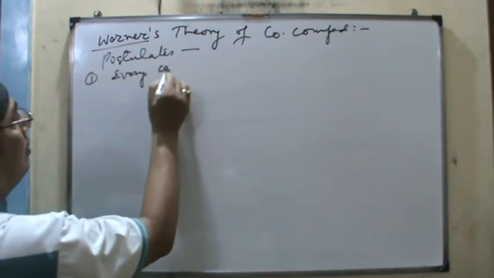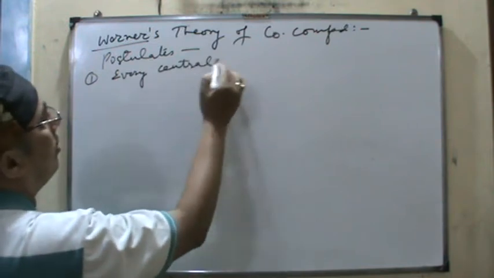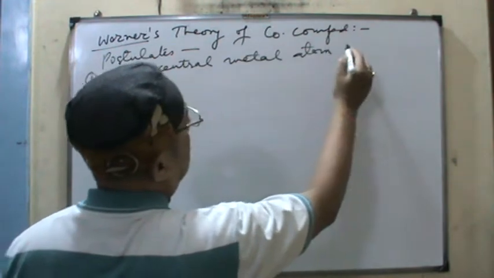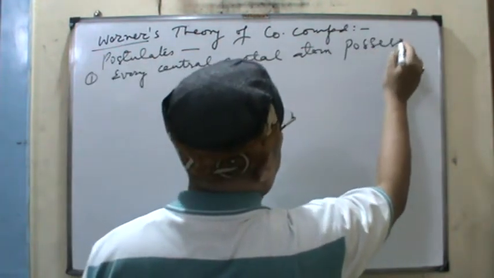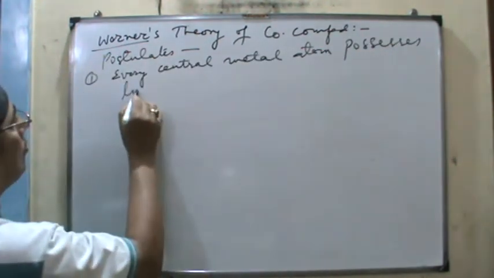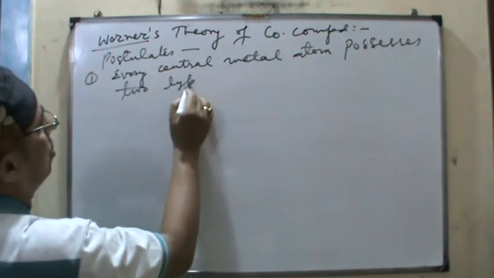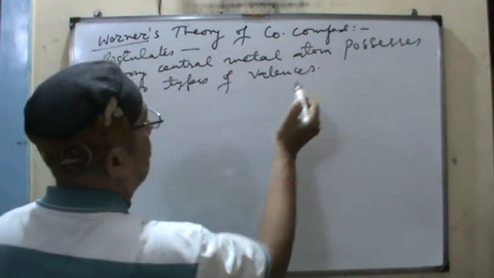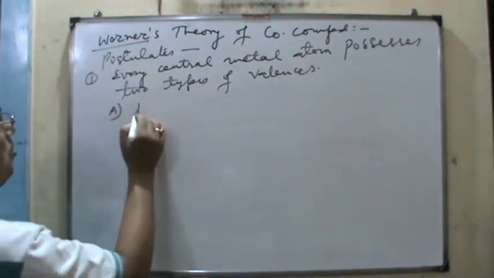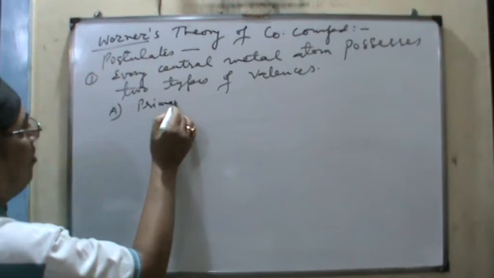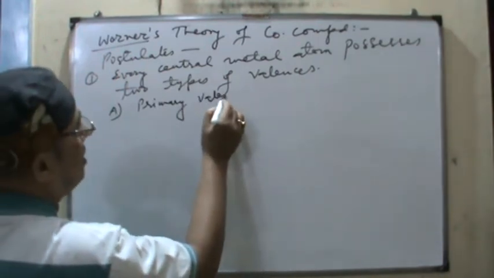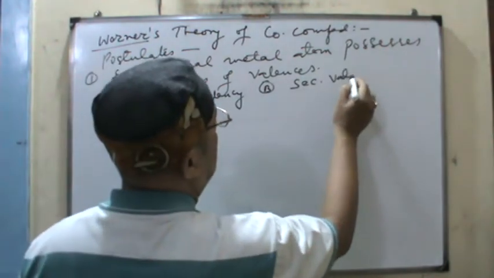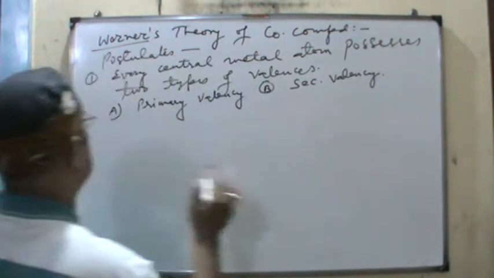First point: every central metal atom possesses two types of valencies, that is A, primary valency, and B, the secondary valency.